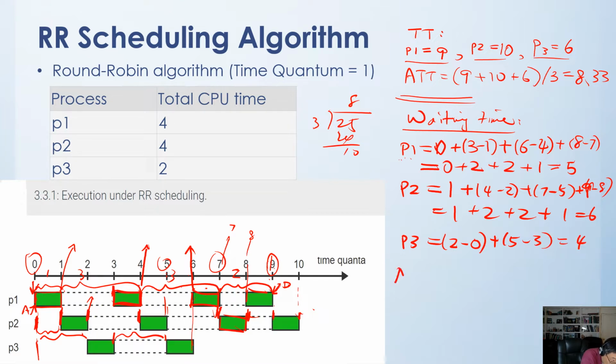So the average waiting time is going to be 5 plus 6 plus 4, divided by 3, so it's 5. Okay, so that's the performance if we use the turnaround time and then the waiting time. So you get these different values.